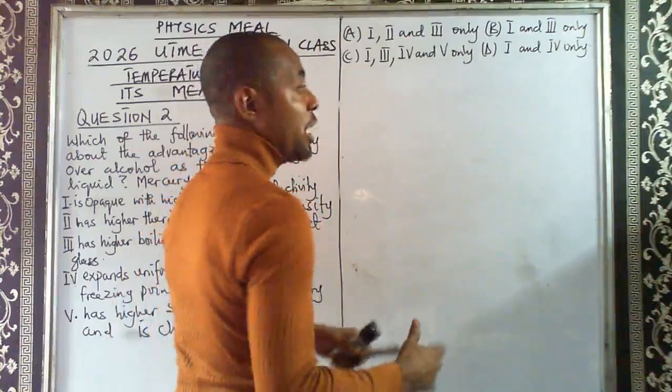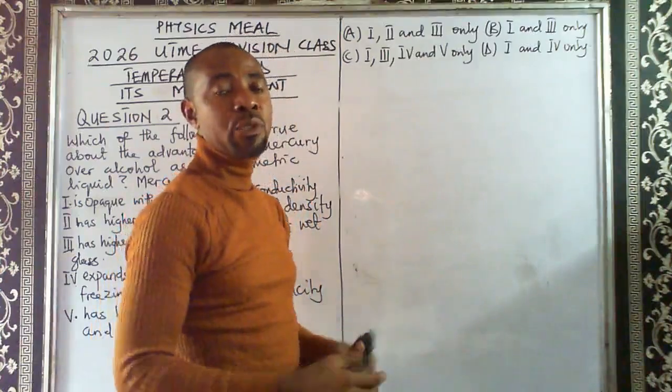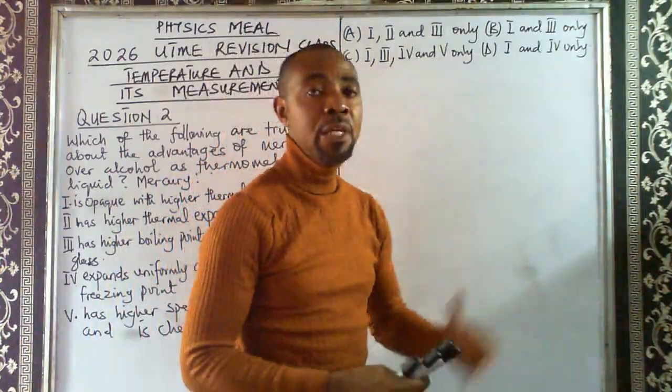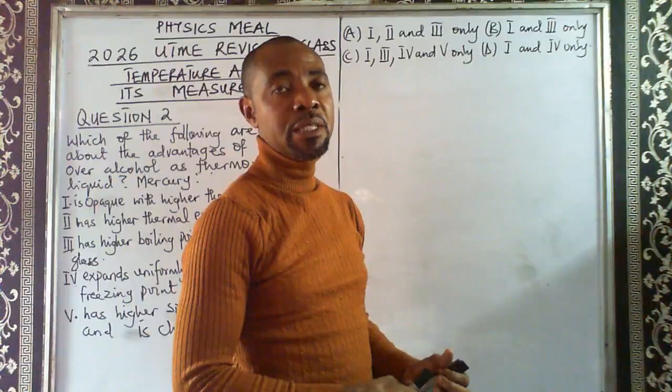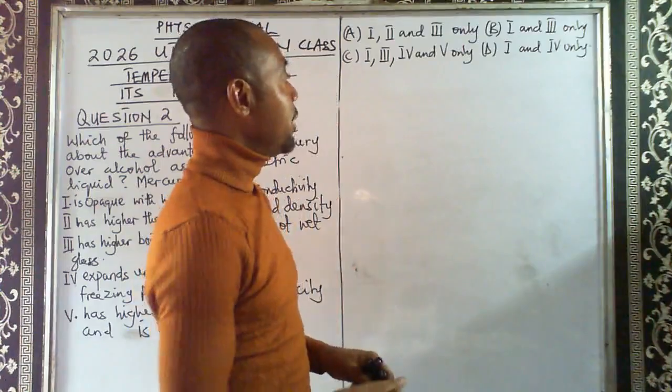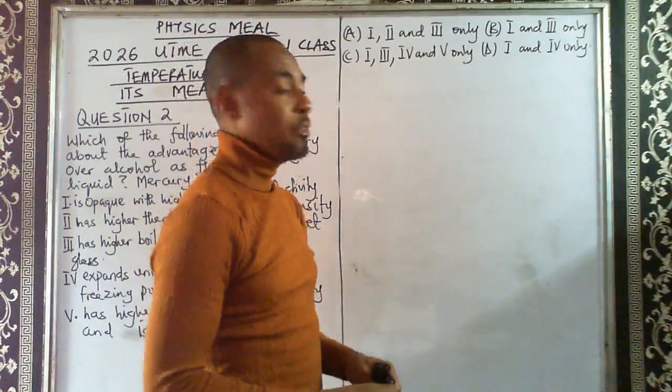And based on that, we have types of thermometer. The types of thermometer will now be the liquid in glass thermometer, the constant gas volume thermometer, and the resistance thermometer.